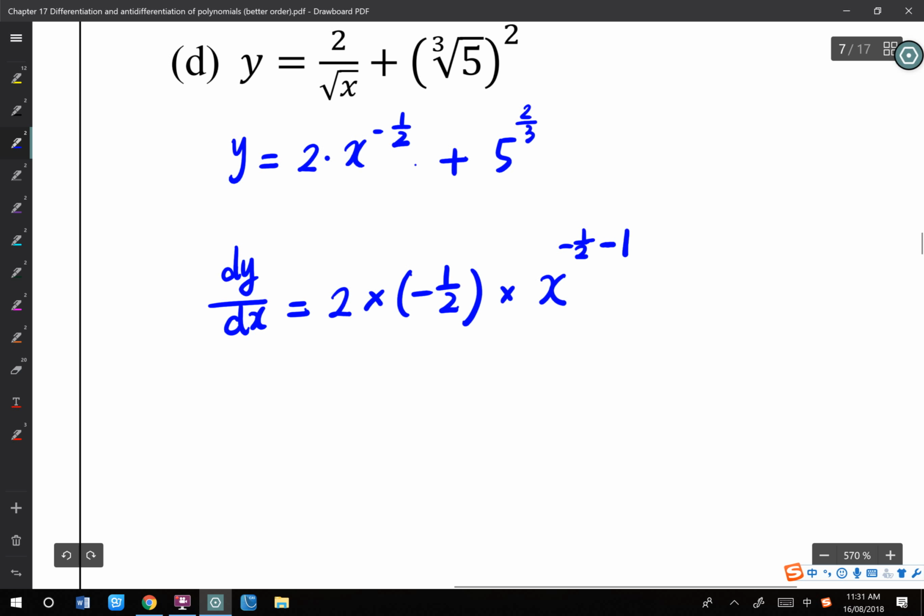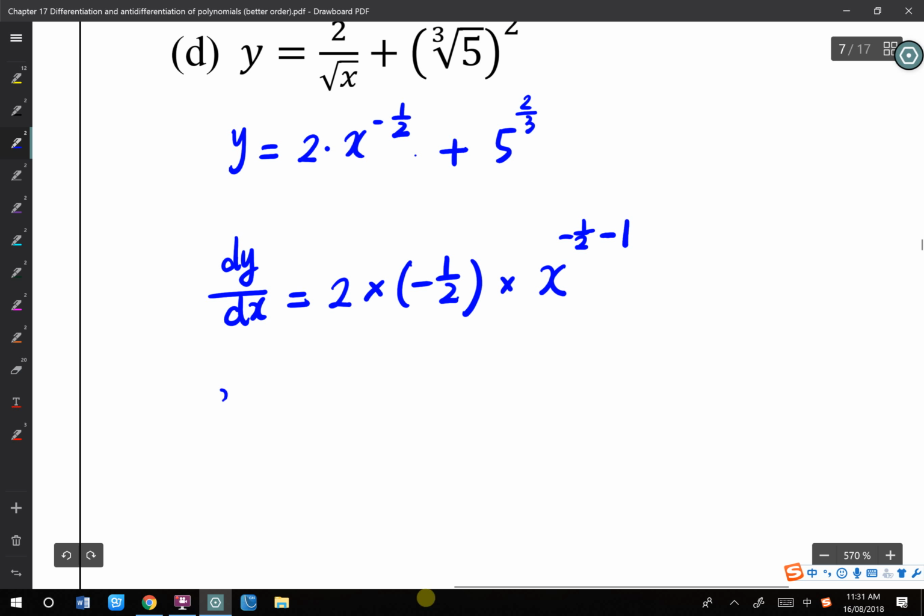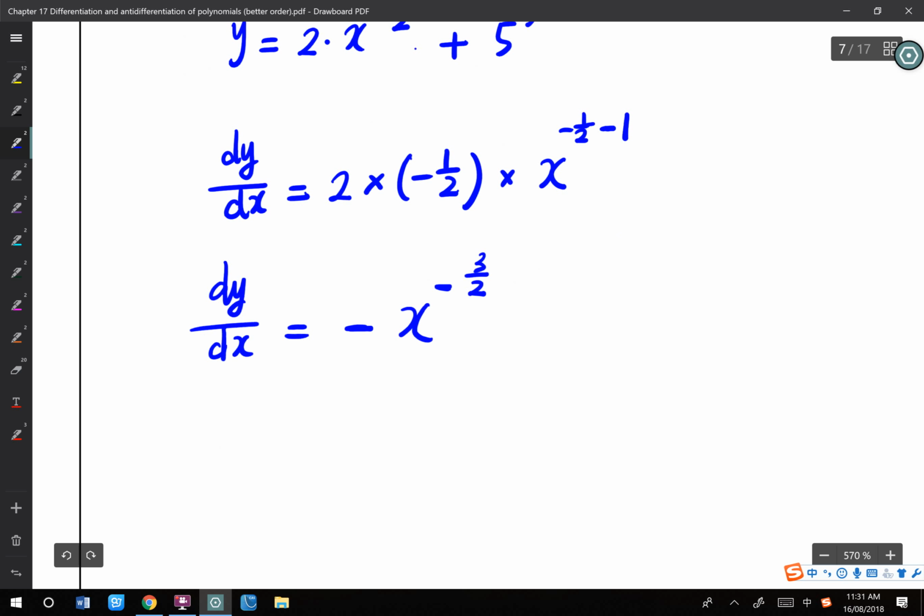Okay, so I don't need to really worry about that. So my dy/dx will be negative x to the power of negative 3 over 2. If I put it into the third form, that can be minus 1 over x cubed under a square root.